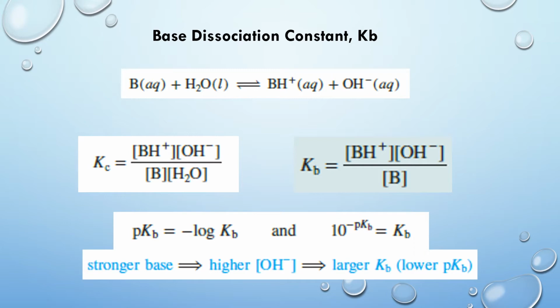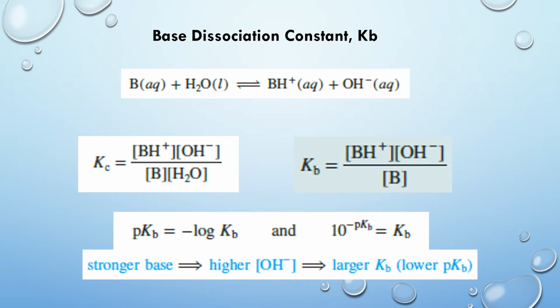For a weak base, it actually doesn't dissociate. Only the strong base will dissociate. But the weak base generates hydroxide by getting a proton from the water. But we still call it a dissociation constant anyway.